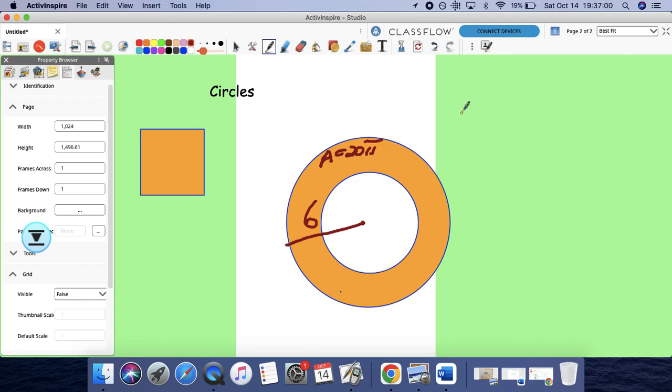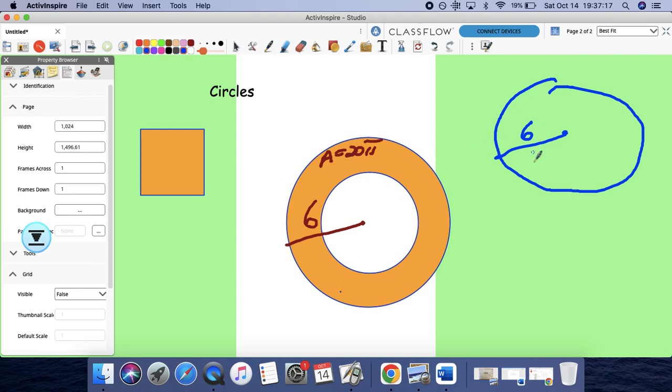Okay, so I can find the area of the big circle. What they're saying is they have a big circle, and the radius is 6. And that's the whole circle. So let's find the area. A equals pi r squared. Pi times 6 squared.